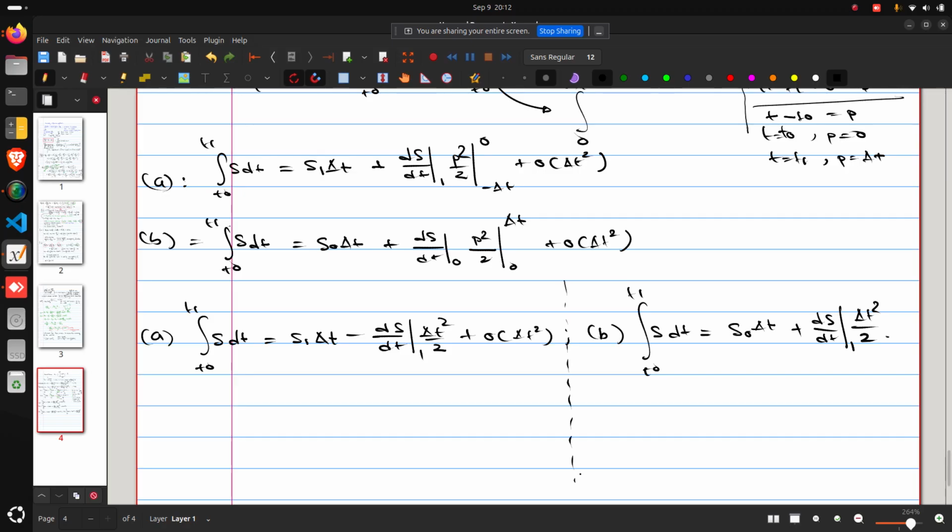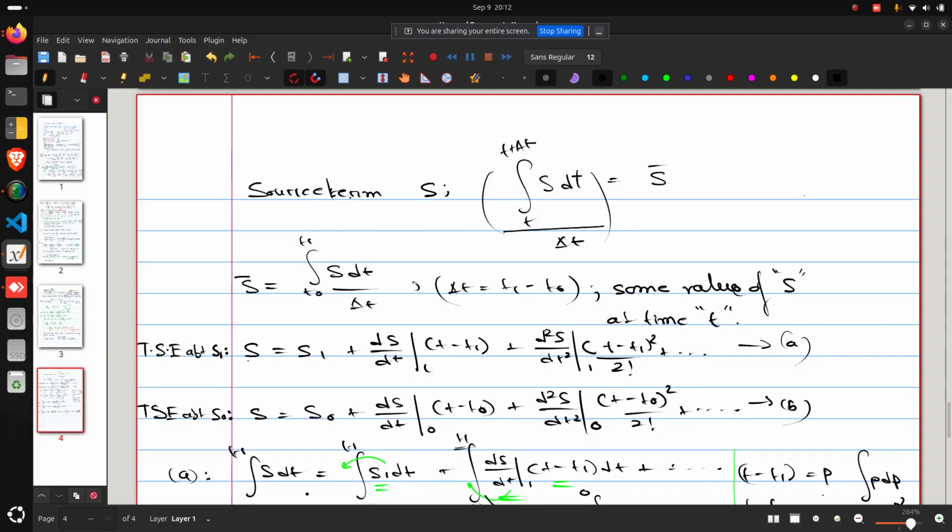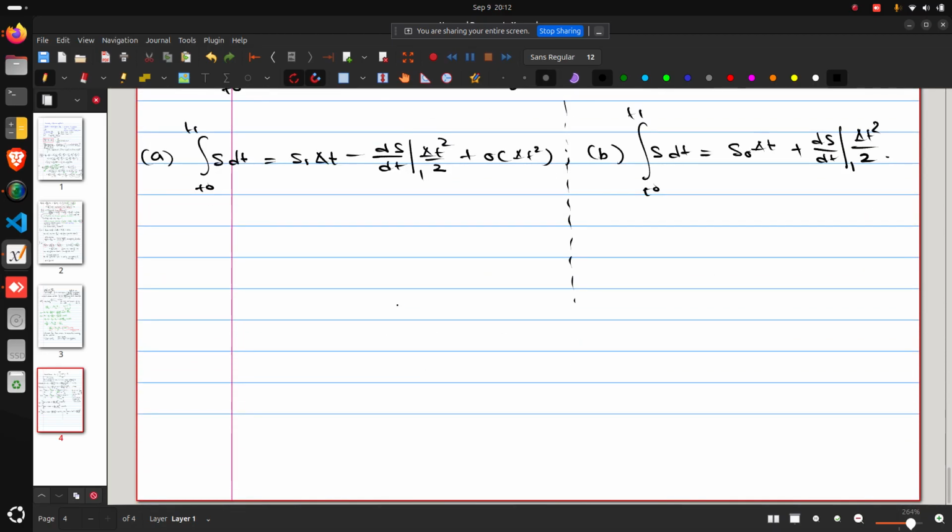Let's again check what was the s bar value that we had defined. It's nothing but the left hand side that we have divided by delta t. So we'll divide everything by delta t. So t naught to t1 s dt divided by delta t is nothing but s1 minus ds by dt at 1 times delta t by 2 plus order of delta t square.